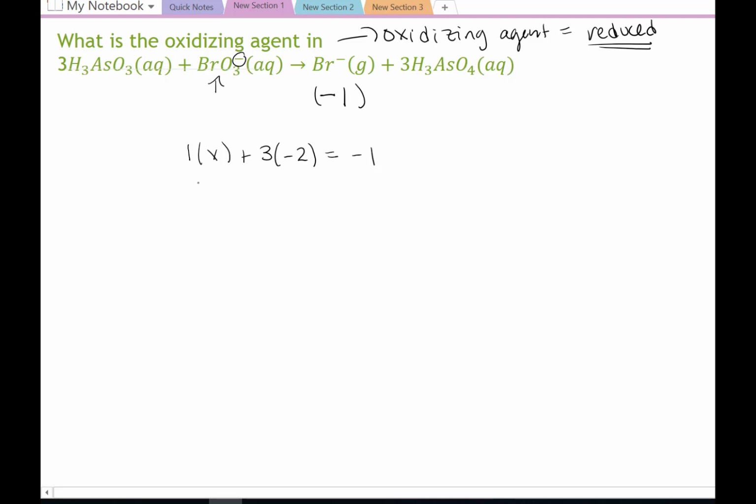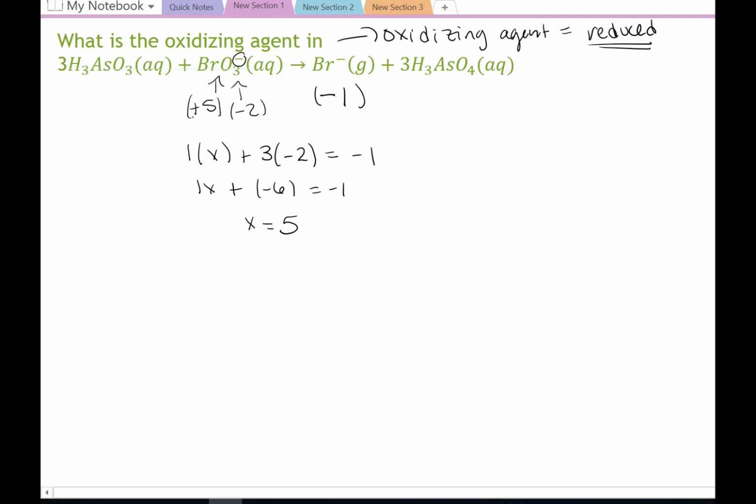So when we solve for this, we're going to get x is equal to 5, because we add the 6 on the left and to the right-hand side, and then we get -1 plus 6, so that's 5. So we have bromine here is 5, and then it becomes -1, and oxygen is -2 for each one.